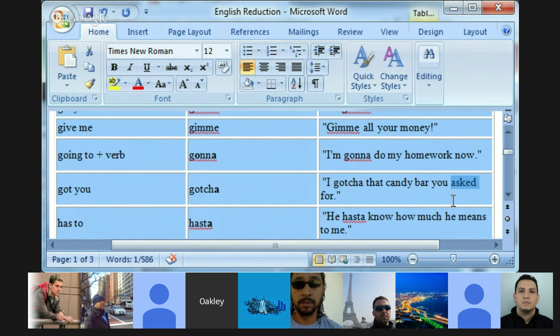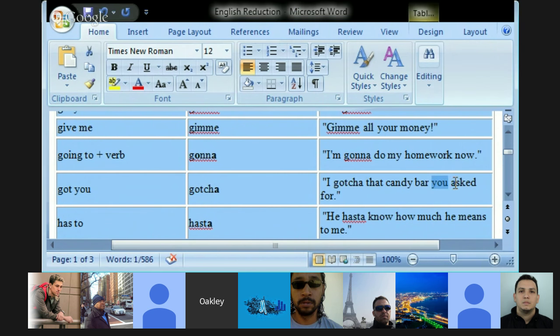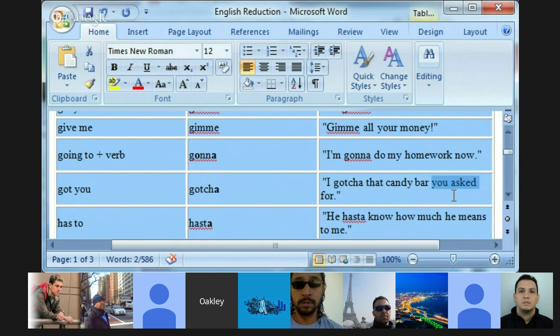I got you that candy bar you asked for. Notice here I don't really reduce you to ya because the next sound is a vowel, so I'm going to use full pronunciation: you asked for. Technically speaking, asked instead of asked is a reduction, but it isn't a reduction. It's something else. In English, we call it ellipsis. We just drop a syllable or a sound.